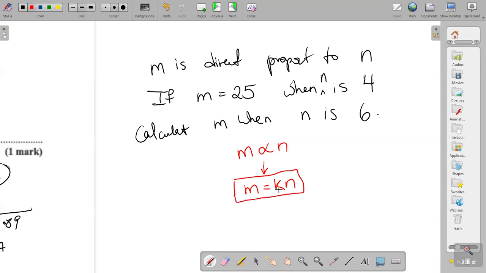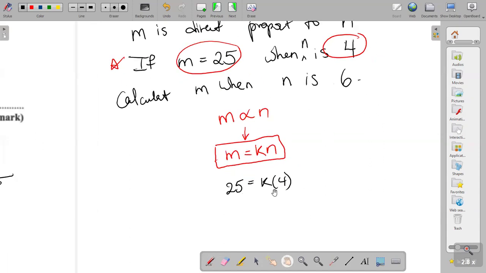All right. What numbers did I give you in the first line here? They give you the M and the N. So you have to substitute that. So that means 25 is equal to K times 4. Right or wrong? So how do I find K? To transpose, divide by what? 4. You divide by 4 on both sides.